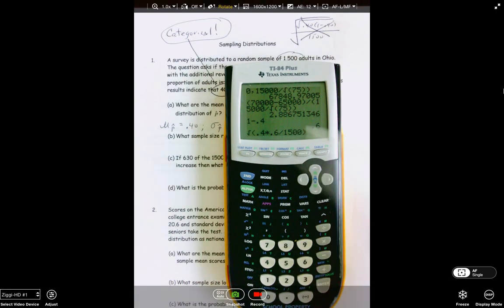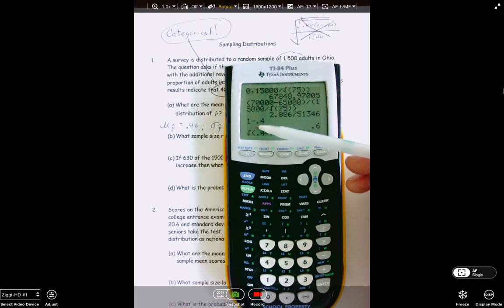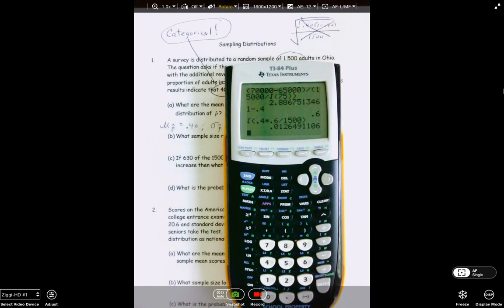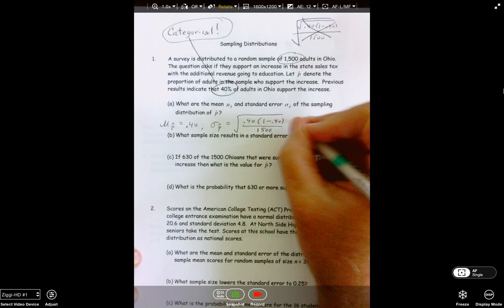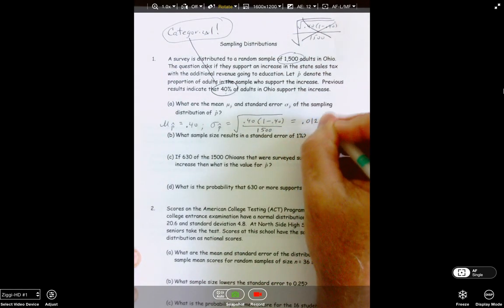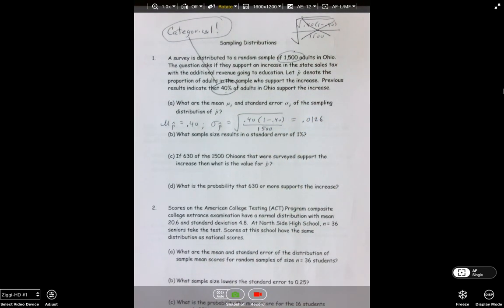Guys, don't close that parentheses until everything you need affected by the square root is in there, and the 1,500 is part of that. So guys, 0.0126 is the standard error.